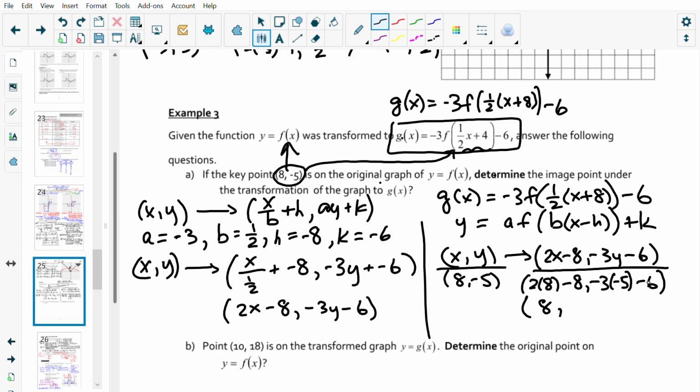That is 16 minus 8 is 8. And negative 3 times negative 5, that's positive 15. Positive 15 minus 6, that's positive 9. So this is my answer. So with f of x, the point 8, negative 5 transforms to 8, positive 9.